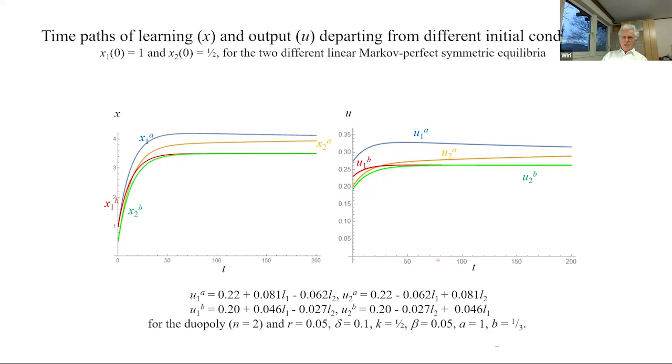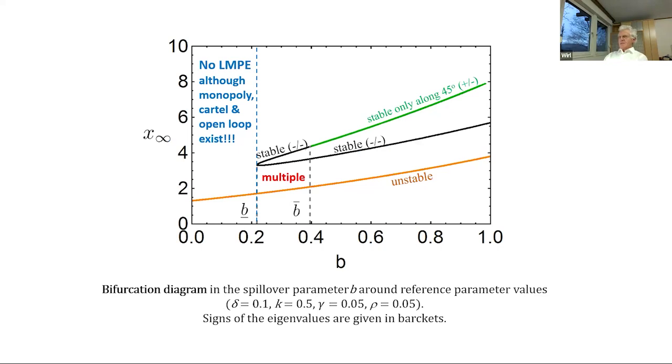Okay? So let us move to a bifurcation diagram. So let us start from the left, with no spillovers. I will come to this point afterwards, because first I focus on the multiplicity. So for intermediate spillovers, between a little bit above 0.2 up to almost 0.4, we have multiple equilibria. Okay? So you see here, this is, if you want, the usual, robust linear Markov perfect equilibrium, and this is the additional one.